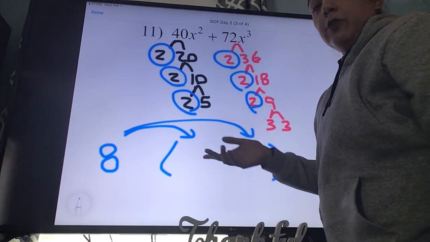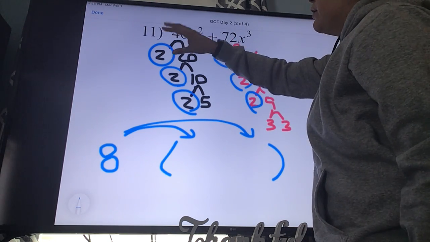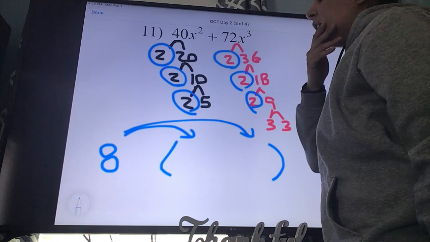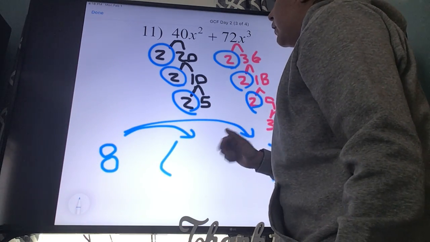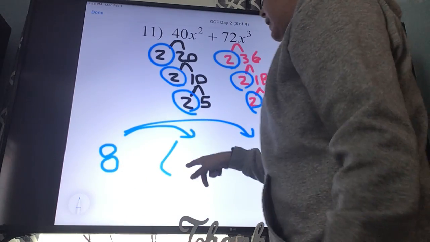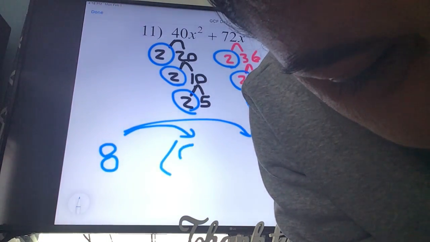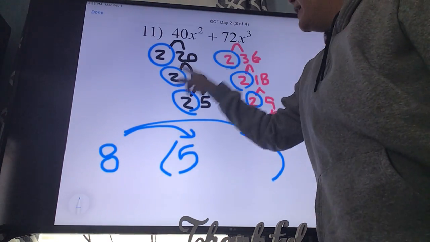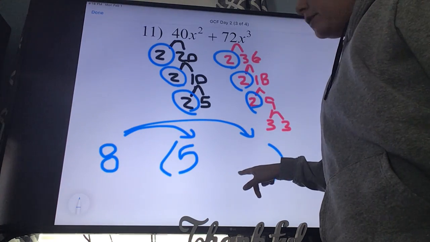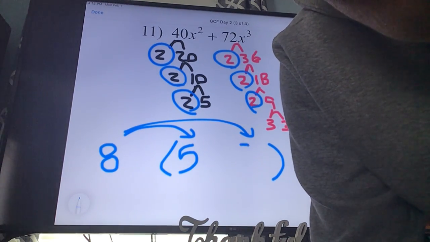And I think for you guys, because your multiplication facts are not the best, I would do maybe the division method, but some of you guys that are a little bit better with multiplication can say 8 times what would give me that. Okay, but 40 divided by 8, you're going to get a 5. Okay, 72 divided by 8 is going to give me what? It's going to be 9.